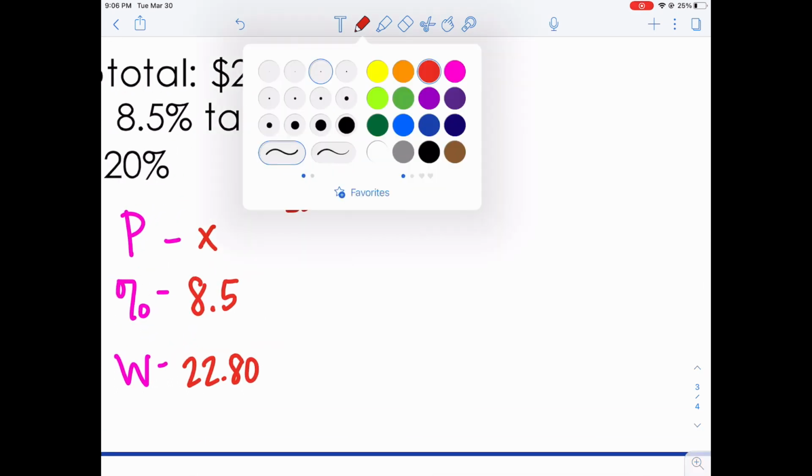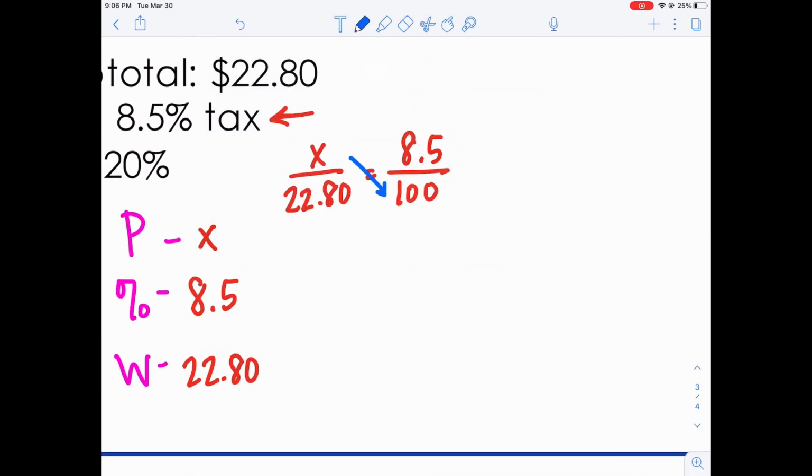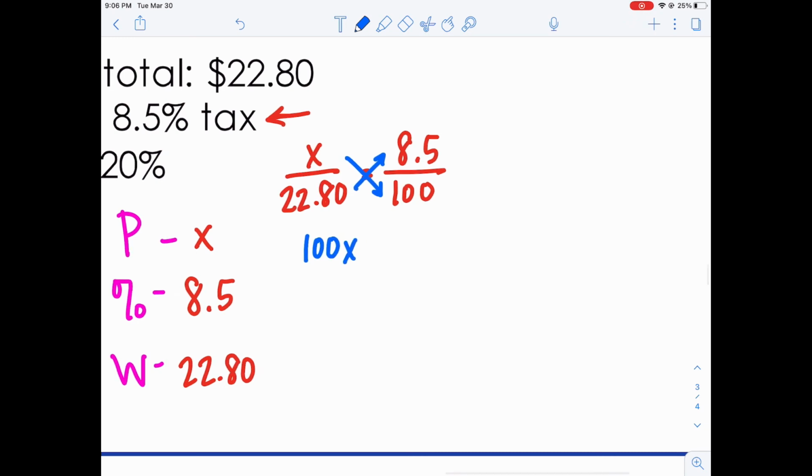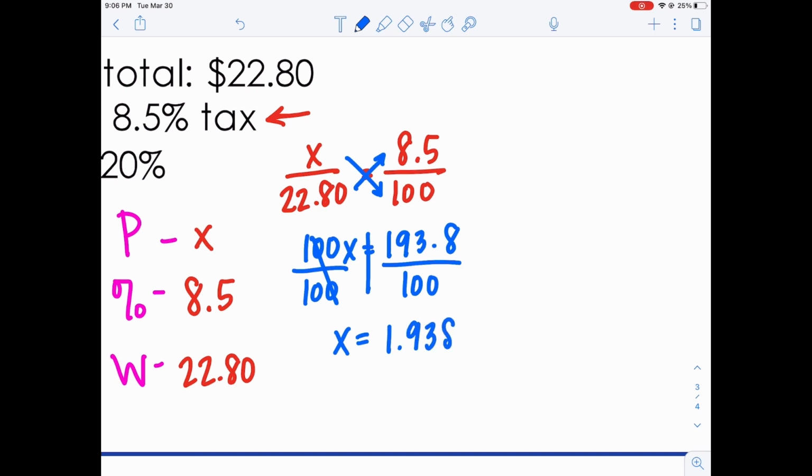Using cross multiplication to solve this, I'm going to take X times 100, which is 100X. And then I'm going to do $22.80 times 8.5, which equals 193 and 8/10. Dividing both sides by 100, I am now left with X equals 1.938.